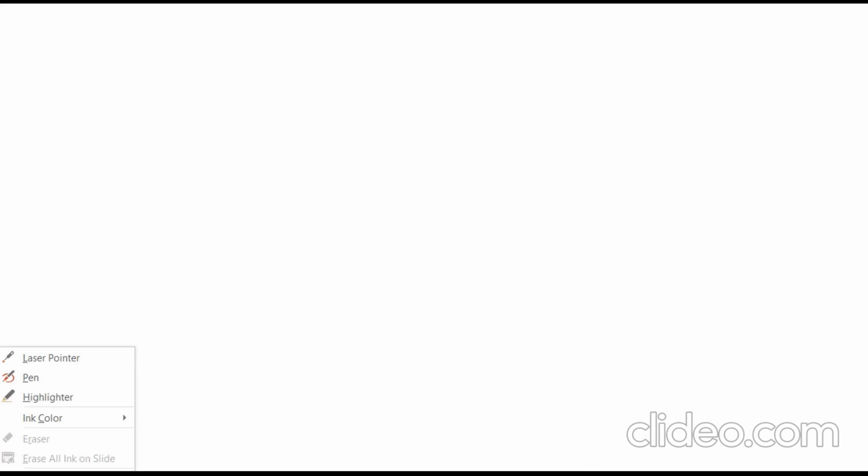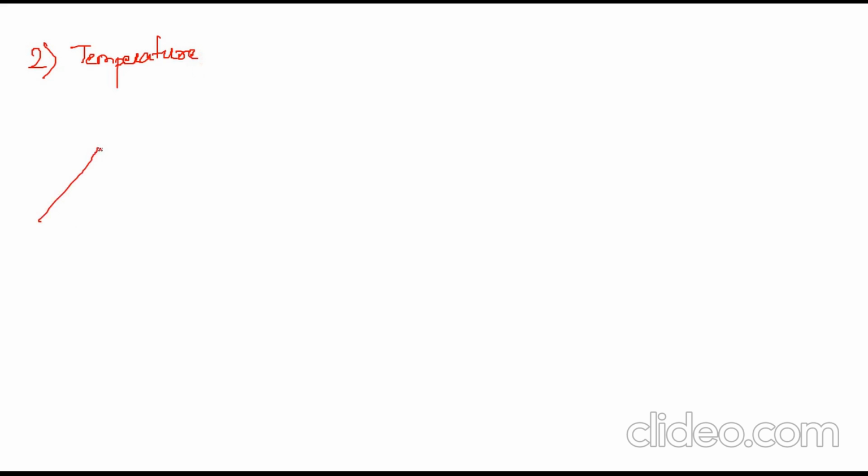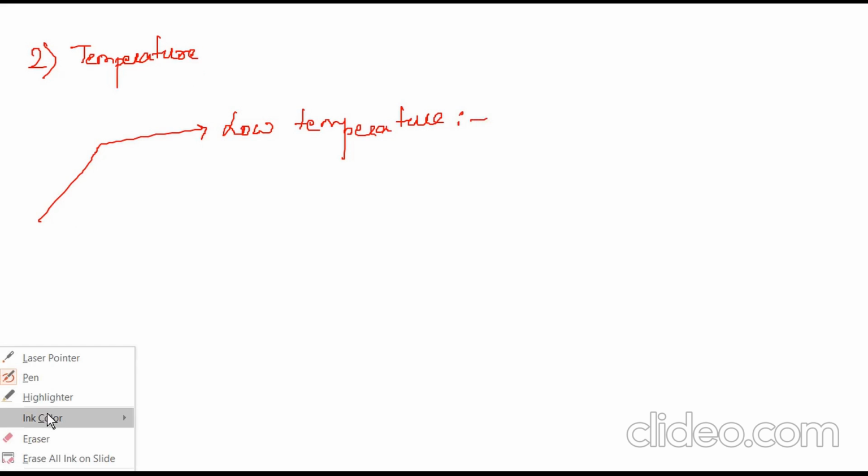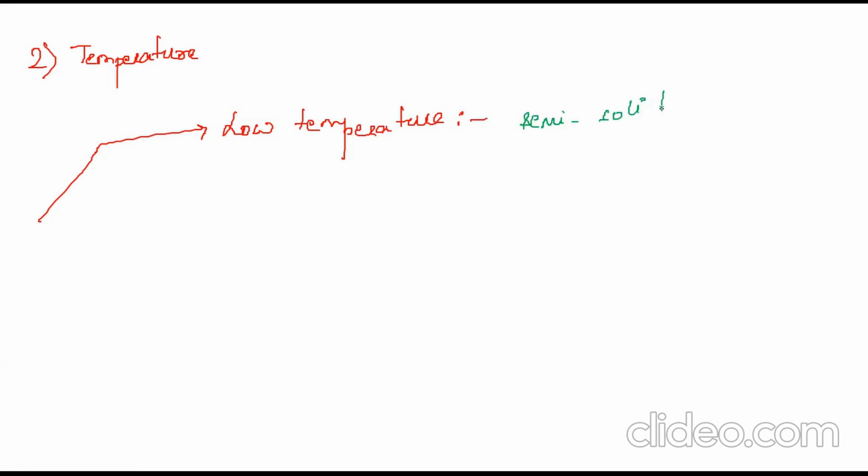Next, the second point on which membrane fluidity depends is the temperature. So what happens when the temperature is decreased or increased? In the first case, if I make a chart, at low temperature, this bilayer exists in the semi-solid state, or better, semi-solid gel.